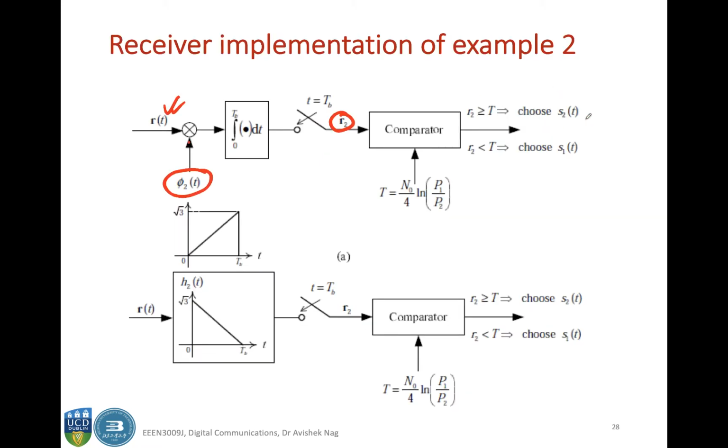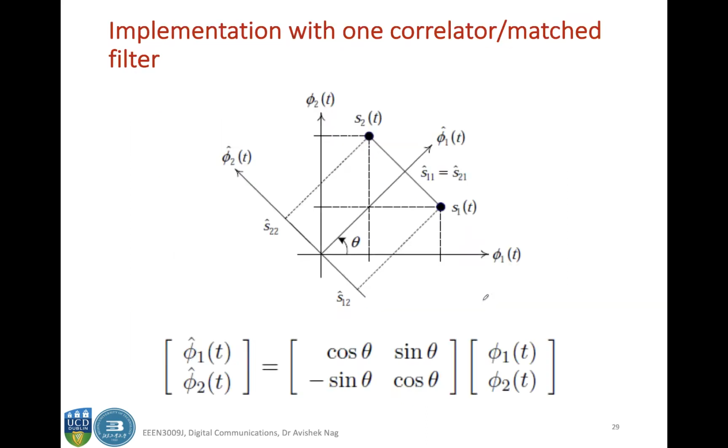So all you need is just one correlation receiver, or in other words just one matched filter, because we also showed that these two are equivalent. So we can have only one matched filter, and then a simple comparator circuit where you are just checking if your R2 is greater than a threshold or lower than a threshold. So what does this imply?